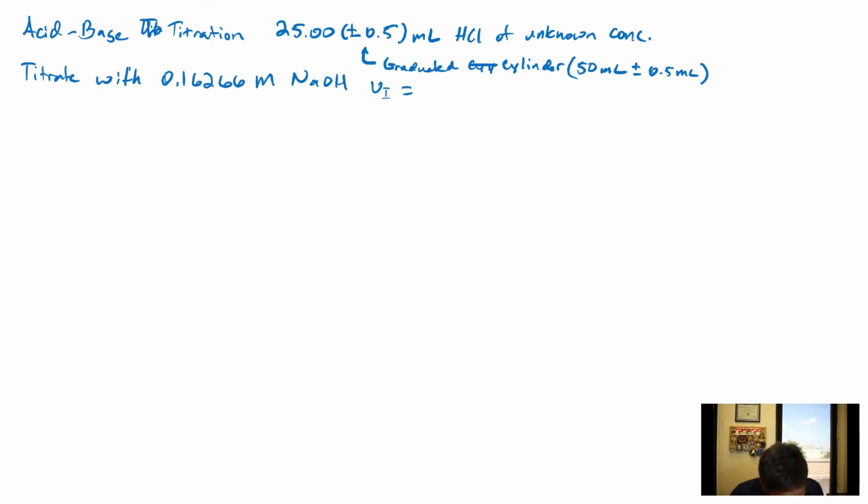You had an initial volume of 15.00 mL, and you had a final volume of 25.00 mL. Okay, and then this was done, of course, using a burette. And we learned already in lab that a 50 milliliter burette has an uncertainty of plus or minus 0.05 mL. Right? That's its uncertainty.